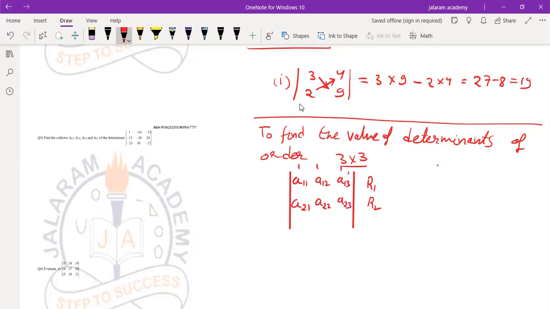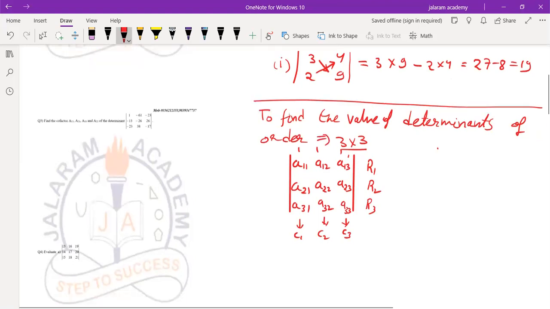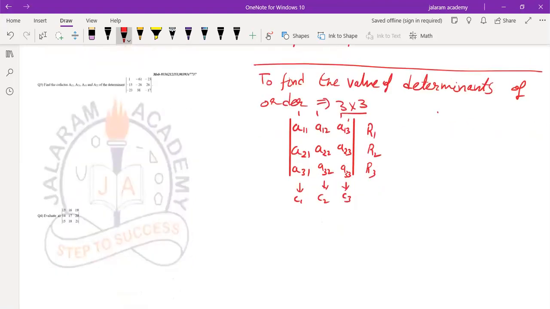A23, element of second row, third column. A31, element of third row, first column. A32, element of third row, second column. A33 means element of third row and third column. So now we will discuss the method to find the value of determinants of order 3 cross 3. For this, remember, the first important thing is minors.